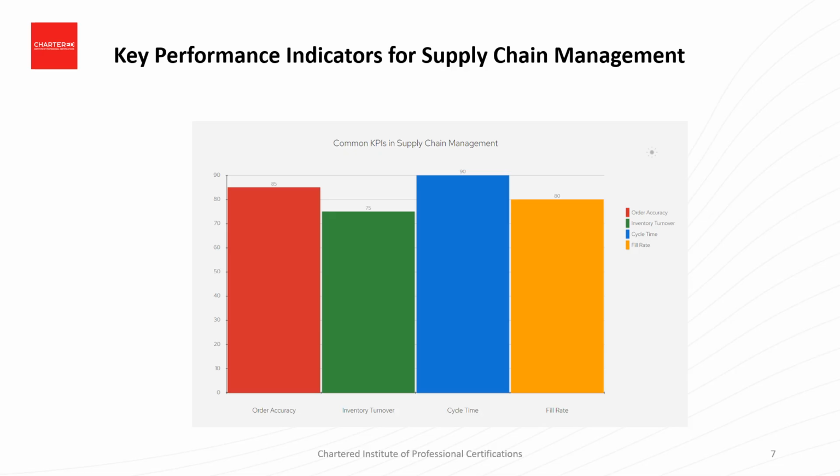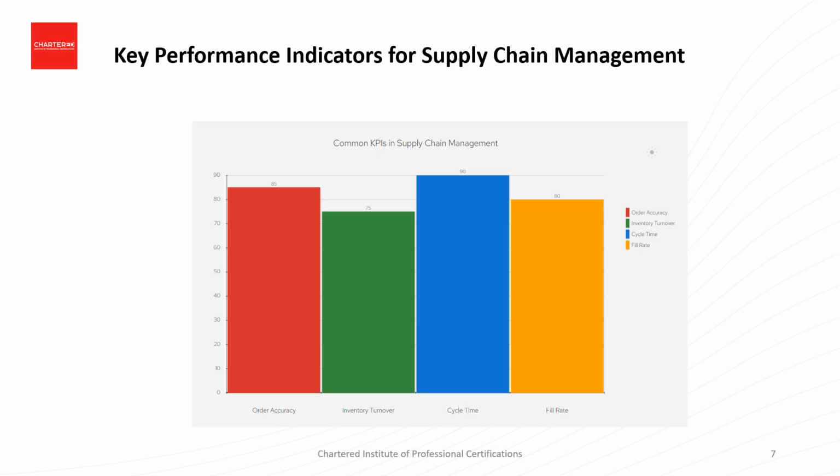Therefore, a shorter cycle time can lead to quicker deliveries, improved customer satisfaction, and the ability to handle larger volumes of orders. This would also speak to the efficiency and effectiveness of your operations, which is a key performance indicator within supply chain management.